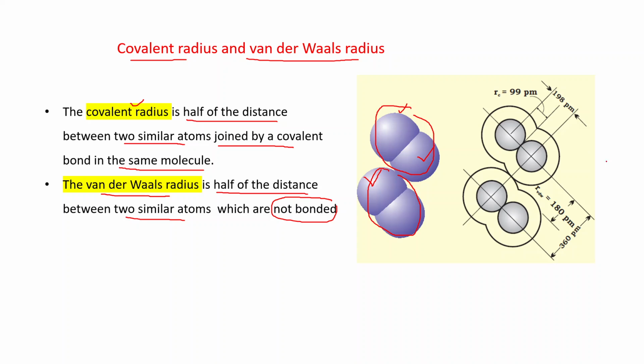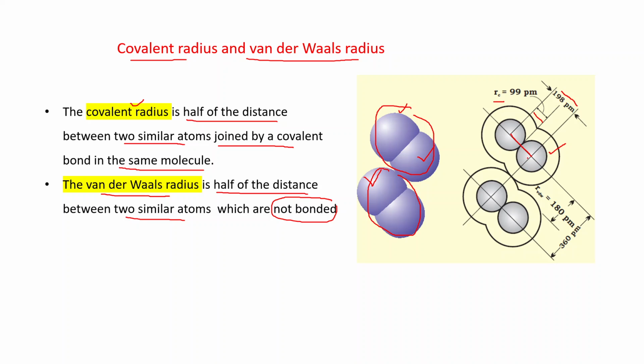If we compare, these are the two bonded atoms, and the distance from this nucleus to this nucleus is called bond length, and this is 198 picometer, also known as the internuclear distance between bonded atoms, and half of it is called covalent radius.